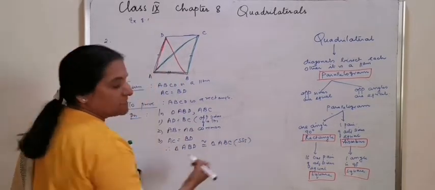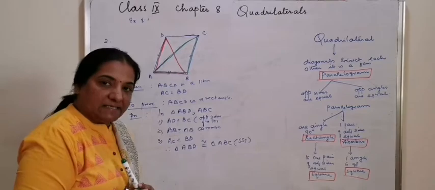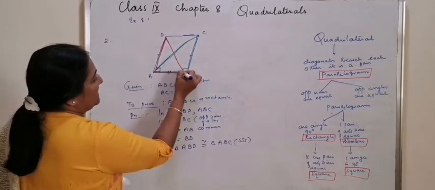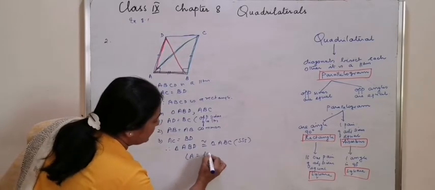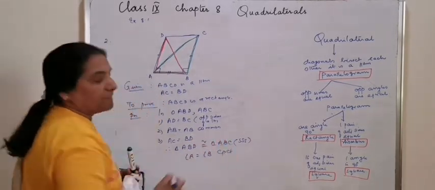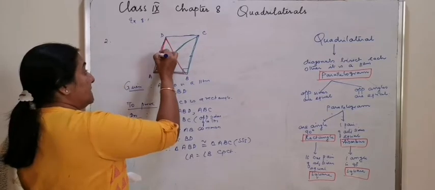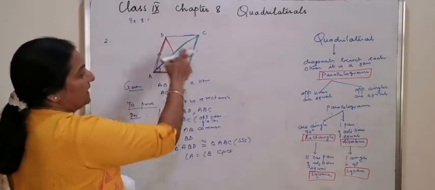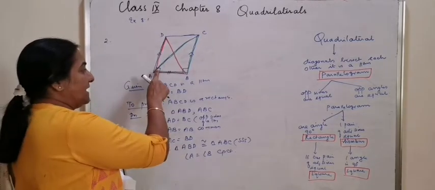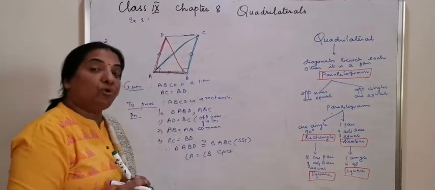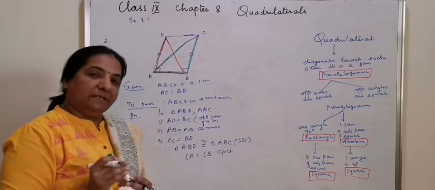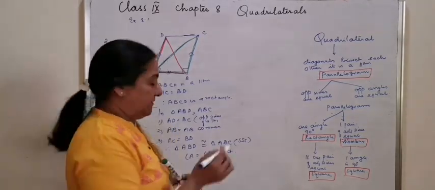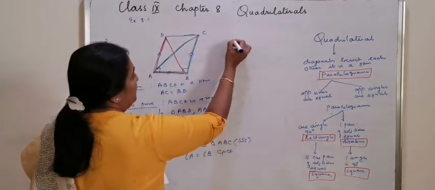That means by SSS congruence, the triangles are congruent, which proves that angle A and angle B are equal as CPCT. And now, since ABCD is a parallelogram, we know that AD is parallel to BC. Angle A and angle B are a pair of co-interior angles. If the lines are parallel, the co-interior angles are supplementary. So you can apply that condition.